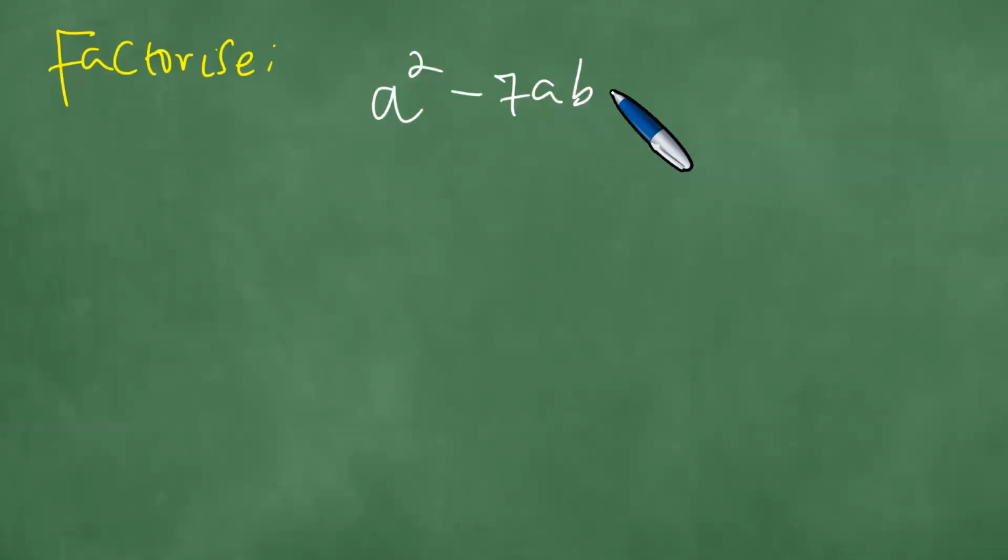All right, if you need to factorize this one, a squared minus 7ab plus 12b squared. Okay, what's the answer to this, Leander? I'm giving you a minute to try this one quickly.